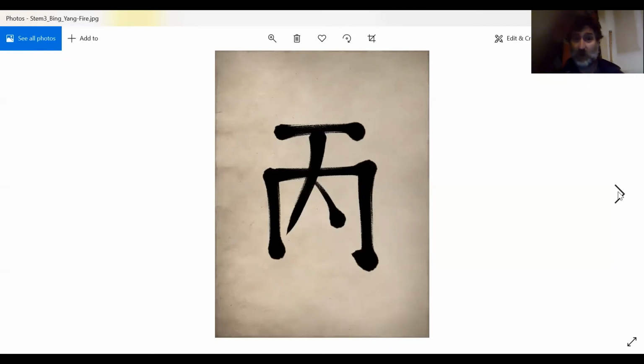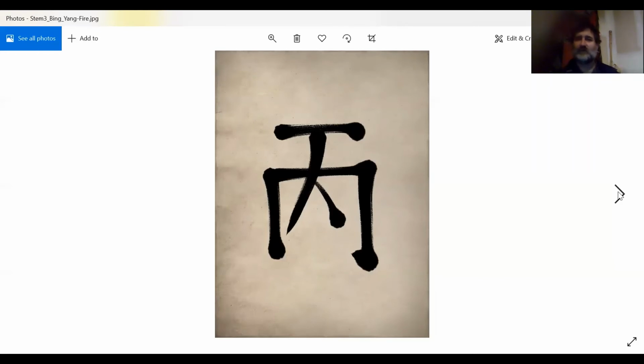Yang fire. Fully burning, very destructive, very much in your face, going all the way. The sun at high noon. Yang fire, burning everything up, fully burning.